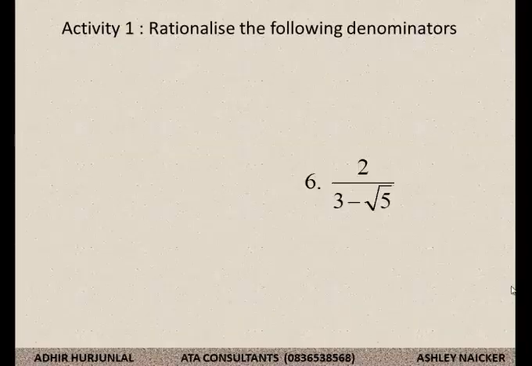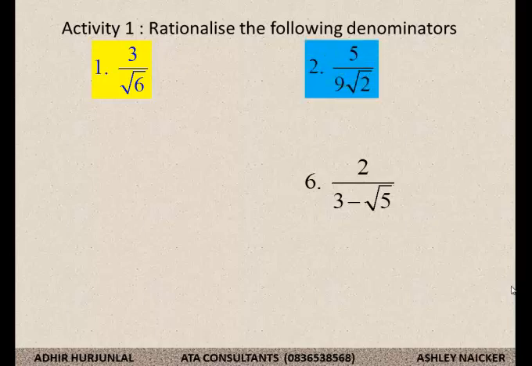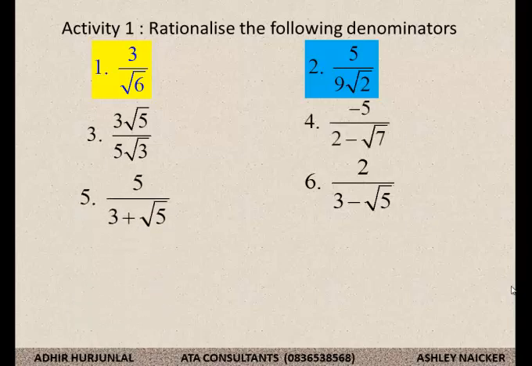I'm up quite quickly, very eager to do number 6. Rationalize the following denominators. Guys, as usual, in this case you are going to rationalize each one and then come back to the examples. Example number 1, example number 2, a bit more difficult than example number 1. And as you can see, as we are progressing, guys, the examples are getting a tad more difficult.